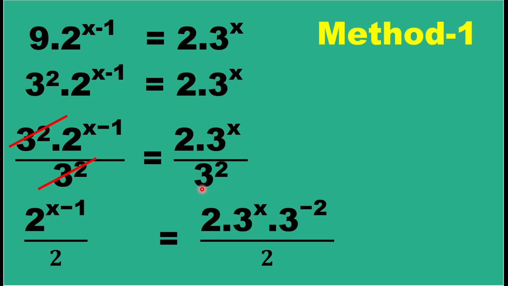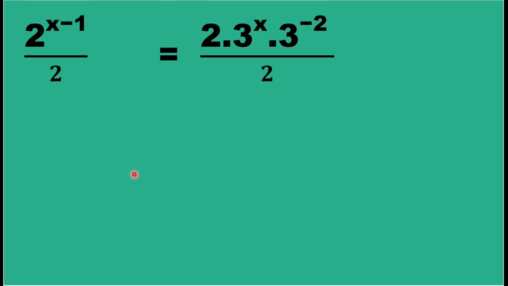We will send this 3 power 2 over here in the numerator, so it will become 3 power minus 2, and with this we will divide both sides by 2.